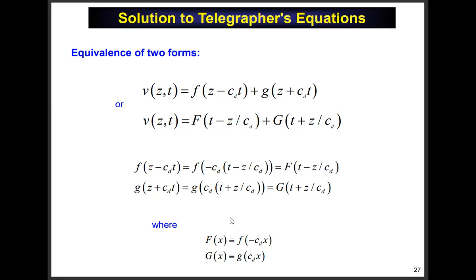Then what would be the definition of capital F? Just compare these two right here. The definition of capital F would be f of minus cd times the argument. So this is the actual mathematical relationship between little f and big F. Same thing for g. But anyway, in case you're interested in that kind of thing.